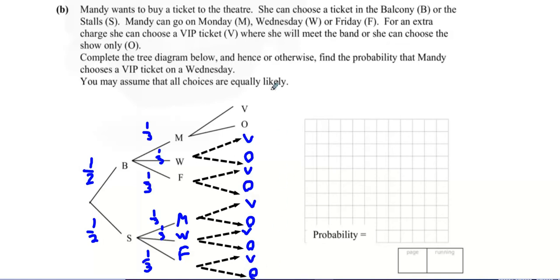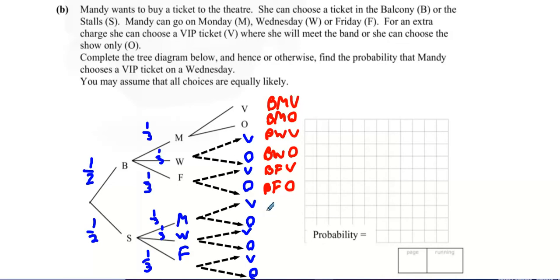Now, how many different choices are there at the end? Well, there's balcony Monday VIP, balcony Monday show only. There's balcony Wednesday VIP, balcony Wednesday show only. There's balcony Friday VIP, balcony Friday show only.